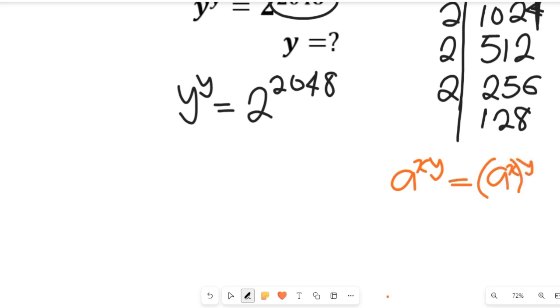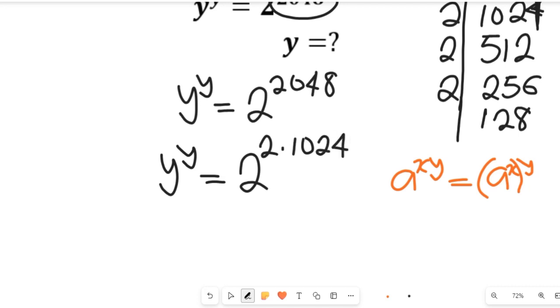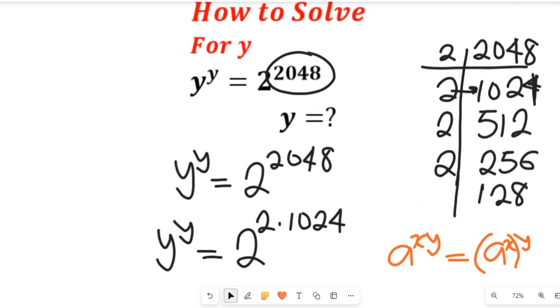So if we apply that here, y to the power of y can be equal to 2 to the power of 2 multiplied by 1024, because this multiplied by this gives us this.